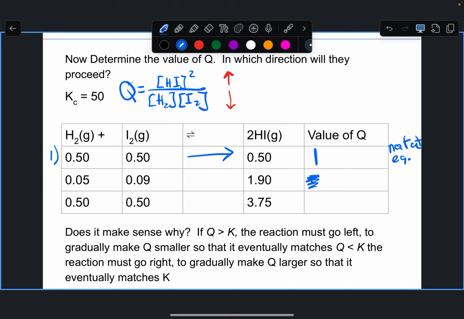We drop the denominator and increase the numerator, or go towards products. So this is summarized down here. If Q is less than K, the reaction must go to the right, and I'll add to that, form products. Okay, proceeds to the right means it makes products, uses up reactants.